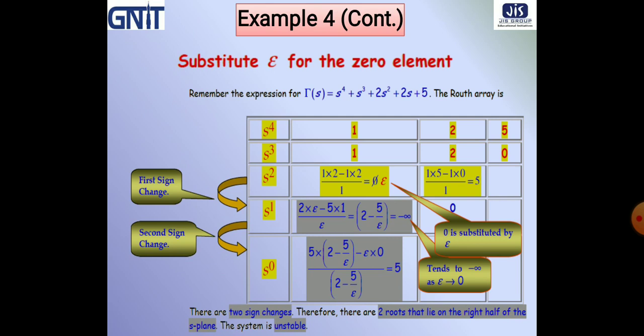So you have to replace 0 by epsilon and then continue the process. After that, when you calculate the stability of the system, put epsilon tends to 0 and then calculate the value, which becomes minus infinity in this case, and then you determine the stability of the system.